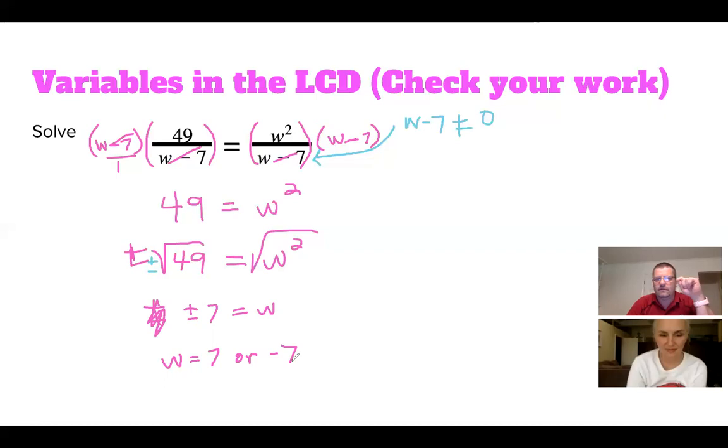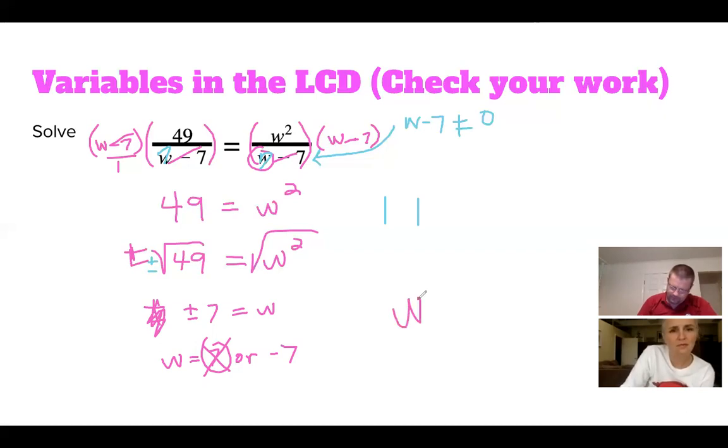One of those is going to cause me to have my division by 0, and it's this guy right here. He's no bueno. When I put the 7 right in there, I would get 7 minus 7, or 0. So I'd end up with a division by 0, which is no good. So our only answer is w equals negative 7.